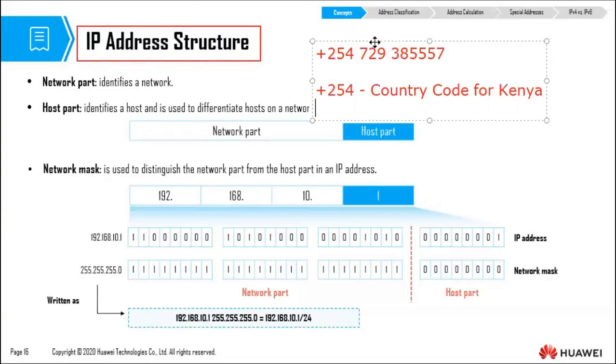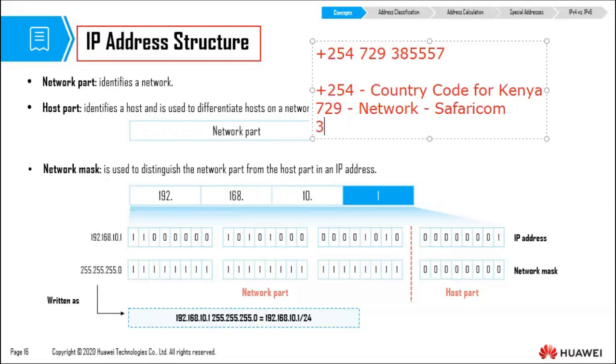What does 729 represent? The network, right? And this one particularly is for Safaricom. Then what does 385557 represent?